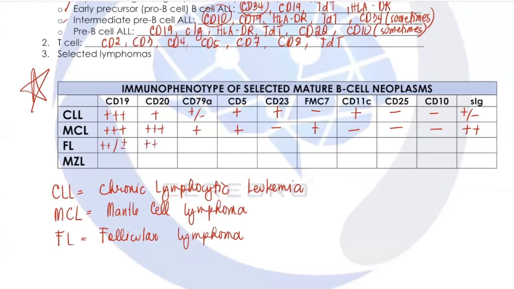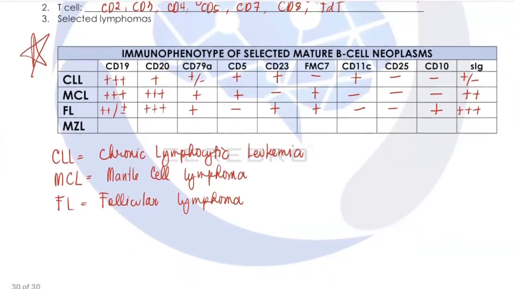Okay, a strong reaction with CD20, positive for CD79A, negative for CD5, positive for CD23, positive for FMC7, negative ka for CD11C and CD25, positive for CD10, and presence of surface immunoglobulins.